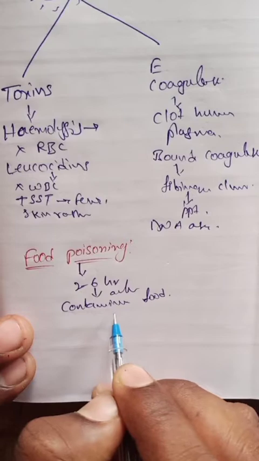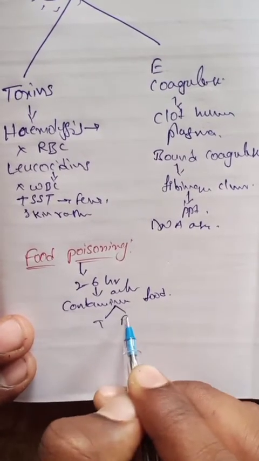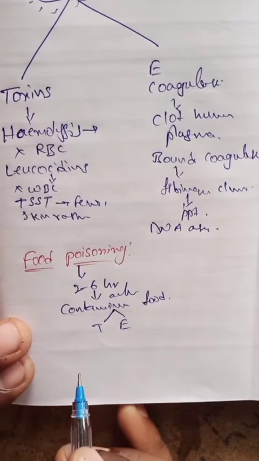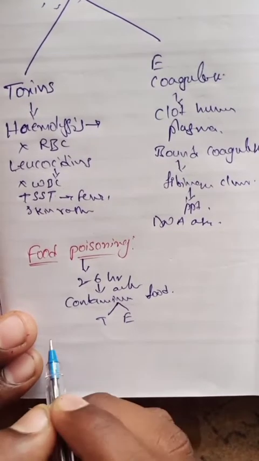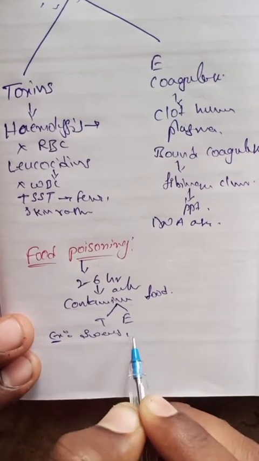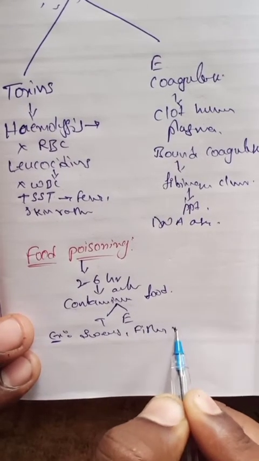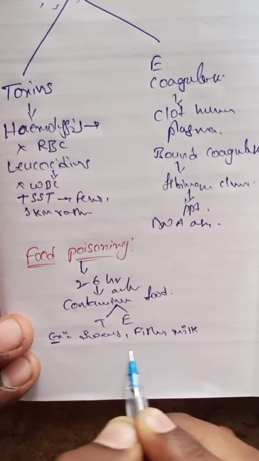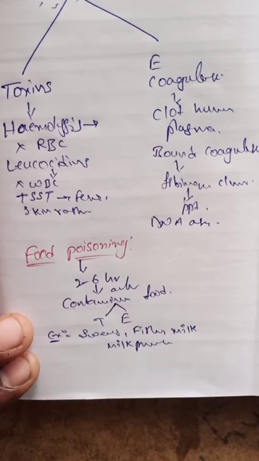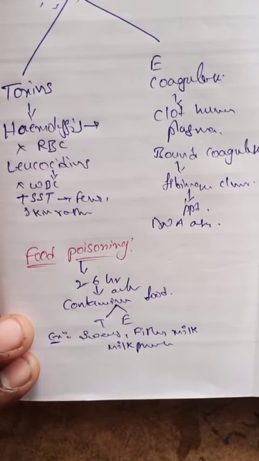In the food material, it releases toxins and enzymes; both are released in the food. Examples of food are sweets, fish, milk and milk products.